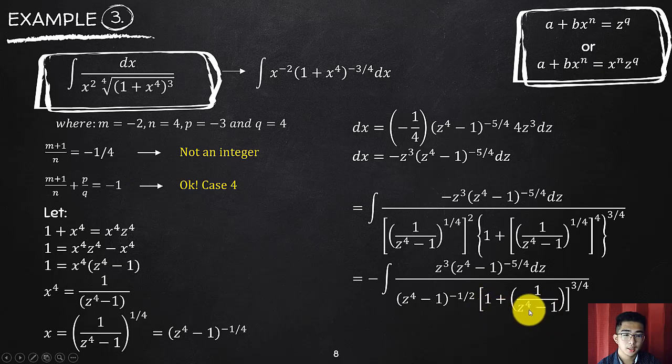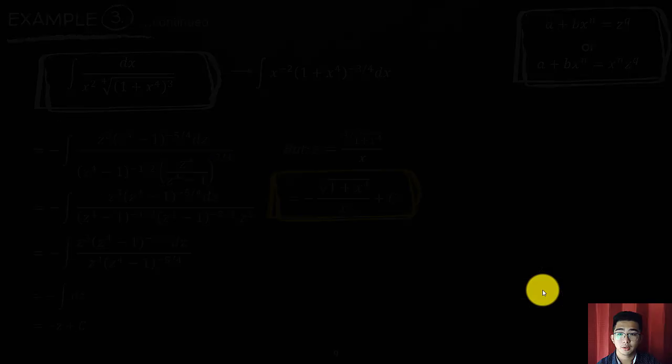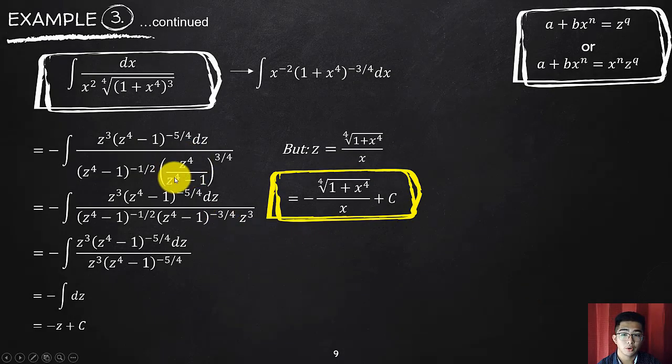So the numerator becomes z raised to 4 minus 1 plus 1 over z raised to 4 minus 1. So -1 plus 1 cancels out. It gives you only z raised to 4 over z raised to 4 minus 1.